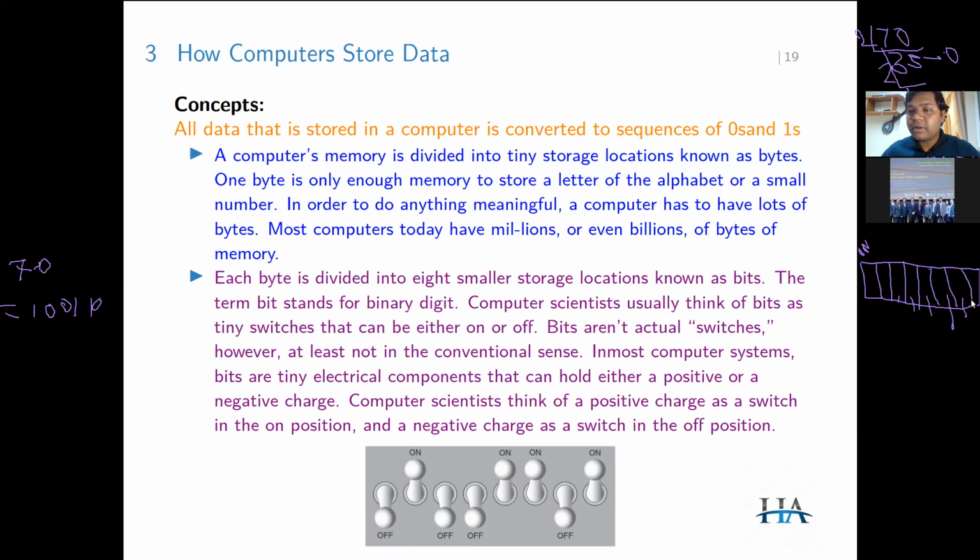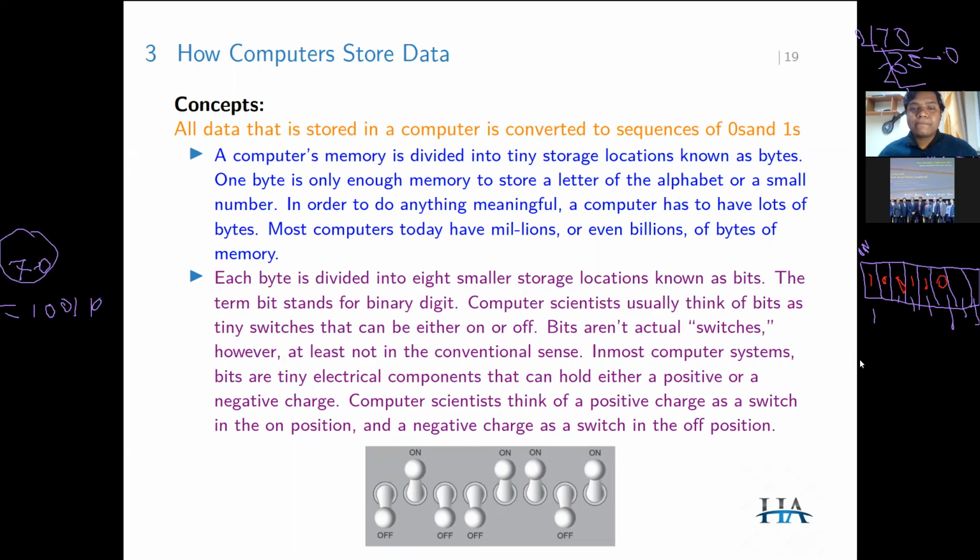So when you want to store this number 70 in this byte, it will go like 1 here, then 0, 0, then 1, 1, 0. I can take a different color, maybe that will be easier to understand. The last position is empty, because we don't have any number there.